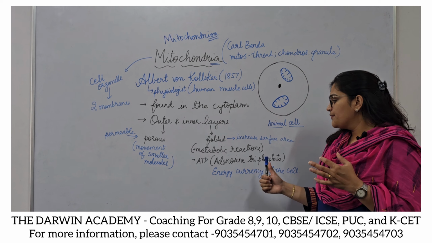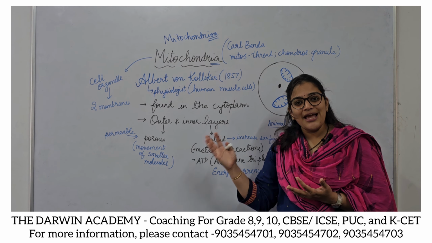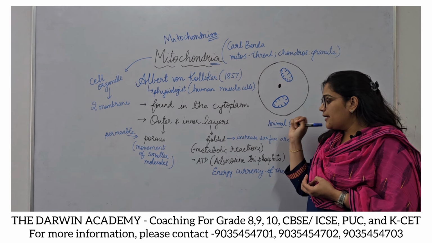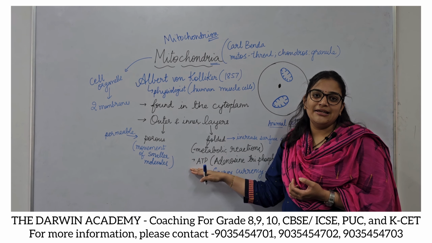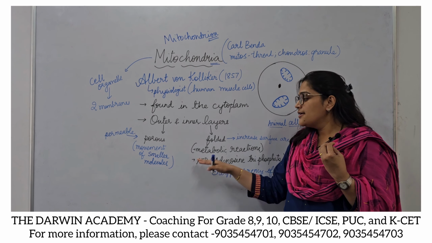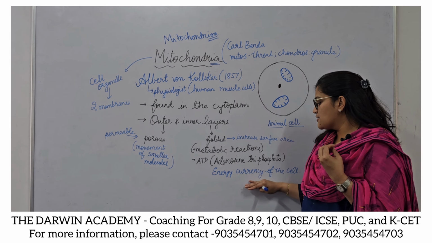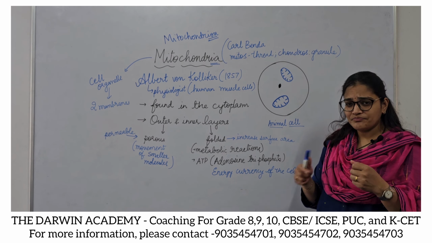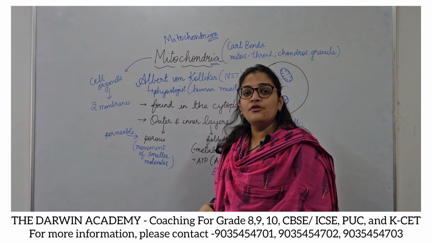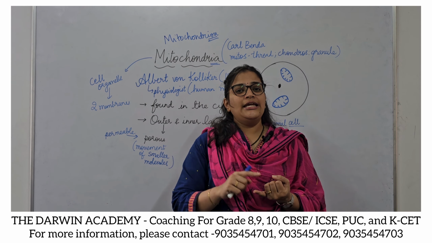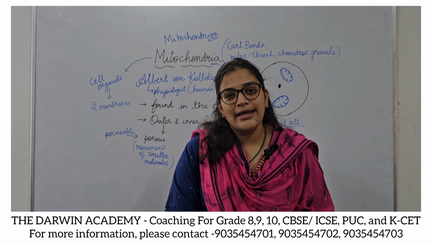And also, as a result of reactions that are happening within the mitochondria, there is release of ATP, adenosine triphosphate. Adenosine triphosphate is also called as the energy currency of the cell. Also, you may notice that mitochondria has its own DNA, has its own ribosomes.